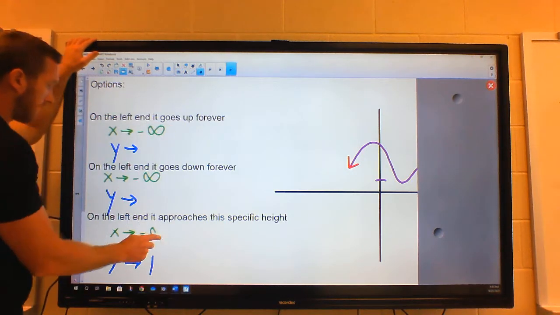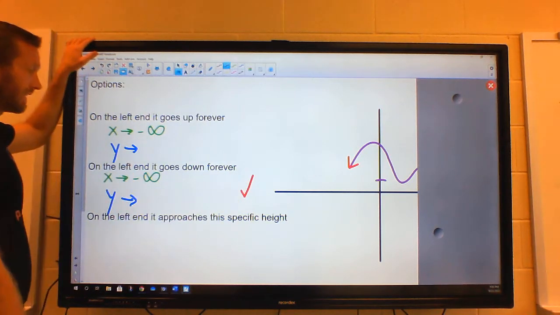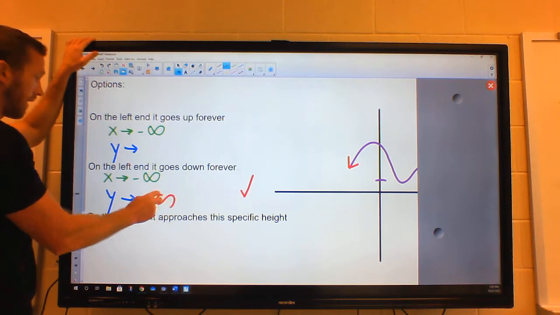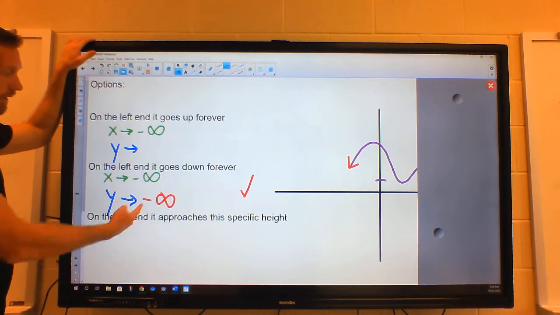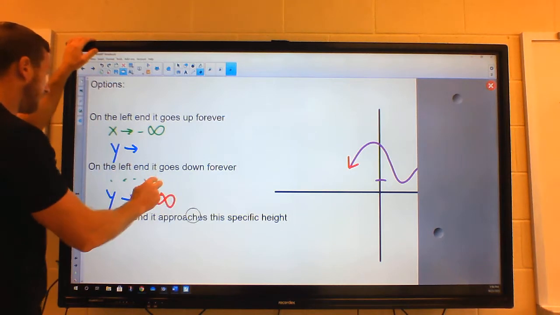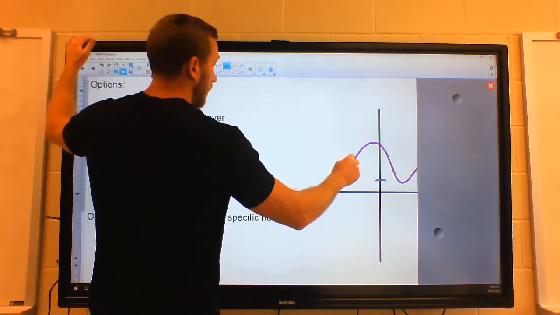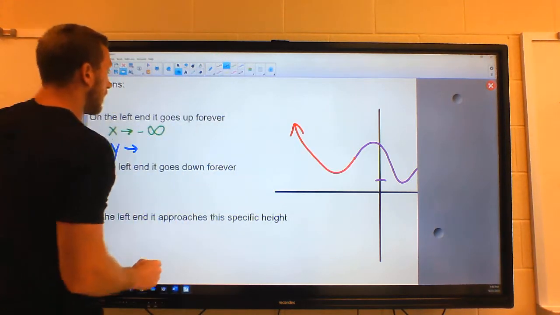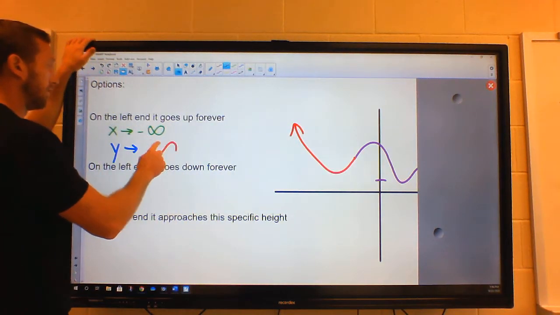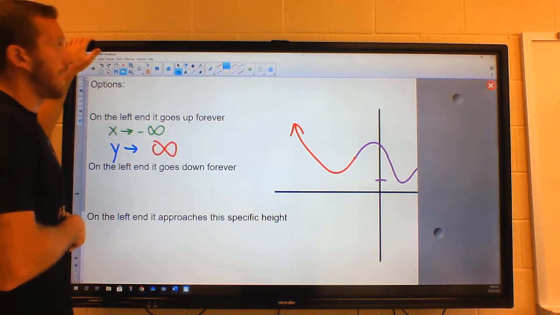It's going down forever, so we write negative infinity as our height that it approaches. And the final situation curls back and it goes up forever. This would be the left half of our graph.